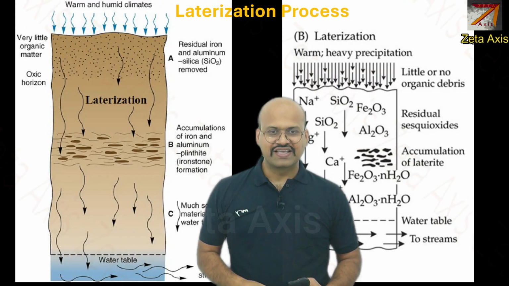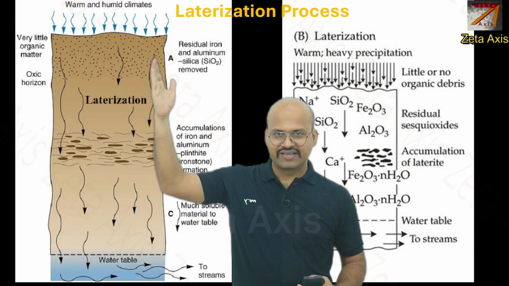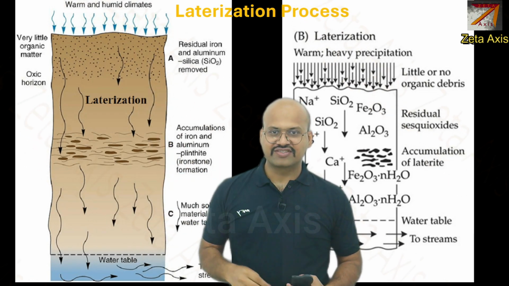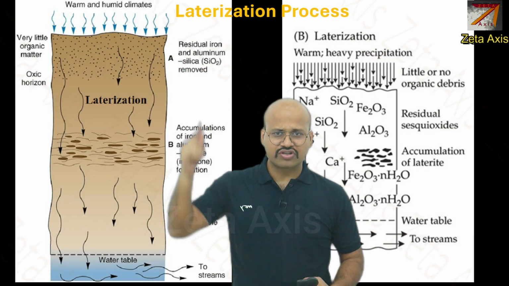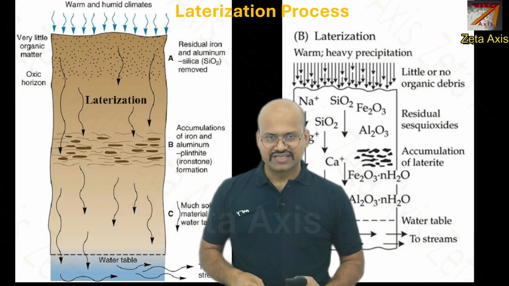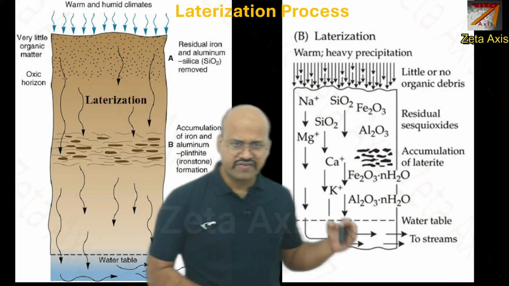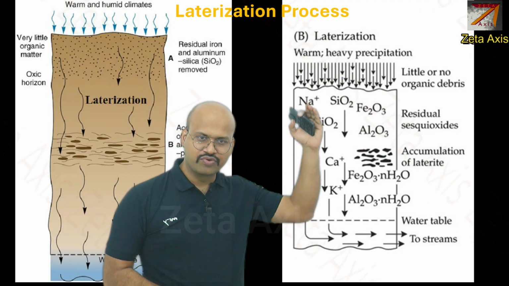Therefore, you will see that bauxite ore is mainly seen in these kinds of soils because over a long time laterization accumulates the amount of aluminum. Similarly, because of the high amount of iron in these soils, we will see its reddish or brown color. Here we can see the compounds which are soluble in water and they are removed with the water.